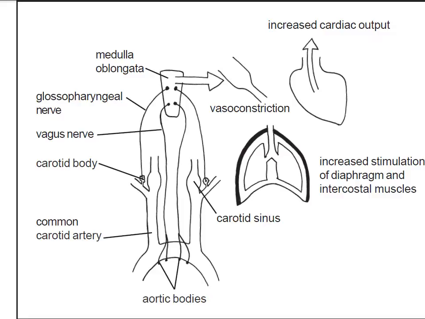So this can increase the stimulation of the intercostal muscles and the diaphragm. And as well as that, sympathetic stimulation will cause bronchodilation. So the bronchial passages will be wider, allowing more oxygen to enter the lungs if that oxygen is available in the external environment.